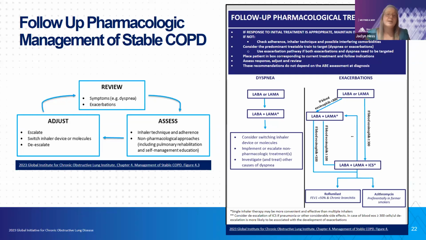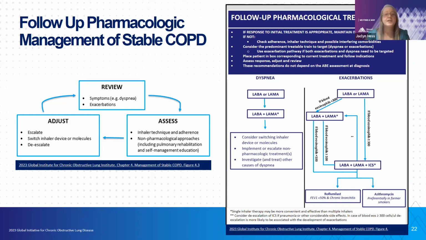And the guidelines recommend different recommendations for if the patient continues to have dyspnea or if they continue to exacerbate. So for those patients with continued dyspnea, if they're already on a single bronchodilator, they should then be transitioned to combination LABA/LAMA.